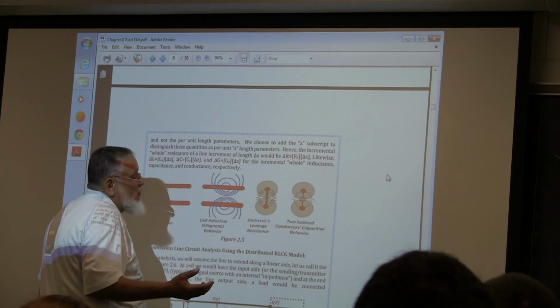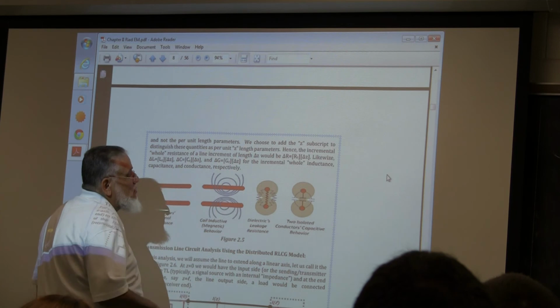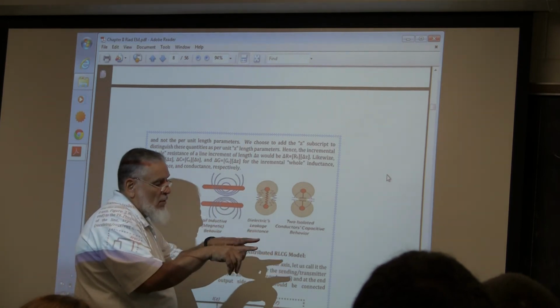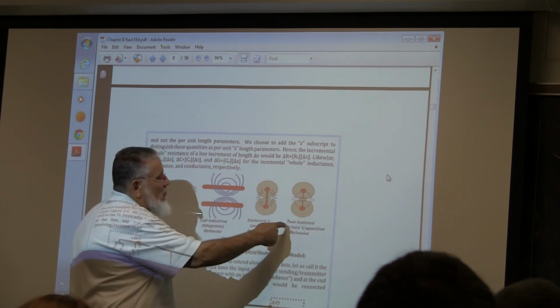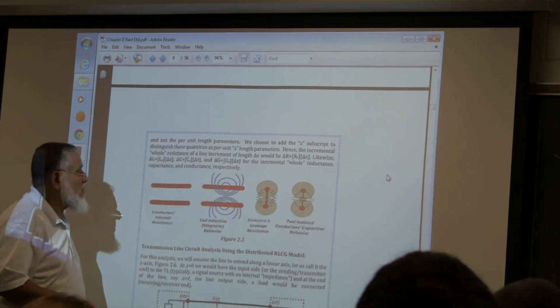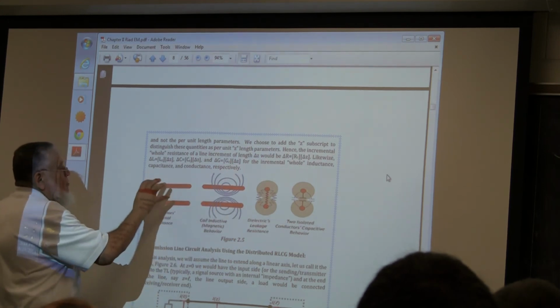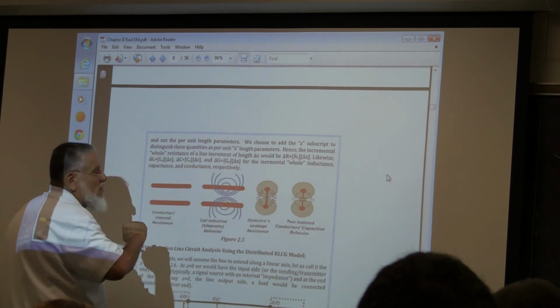Because the dielectric is not perfect, and therefore there is what we call conductance or leakage resistance, and also there's some isolation between two equipotential surfaces, and therefore there is some capacitance here. And hence the model that we come up with has resistive behavior, inductive behavior, conductance, capacitance.